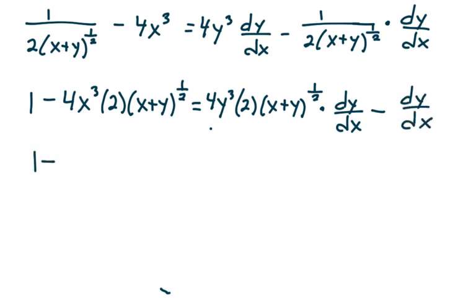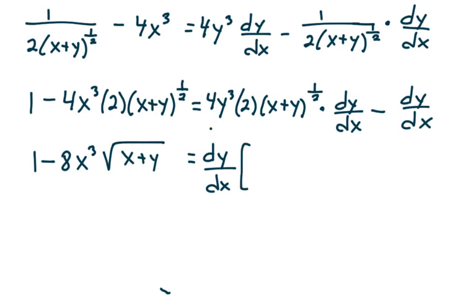And so 1 minus 8x cubed square root of x plus y is 8 here. In fact, what I'm going to do is factor out a dy dx on the right-hand side. So if I factor out the dy dx, I get 8y cubed square root of x plus y minus 1. And then if I solve for dy dx, I am done.